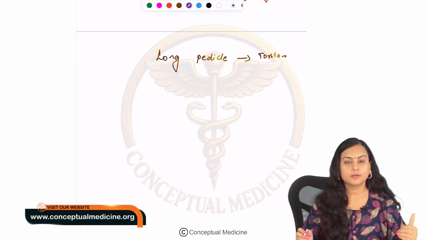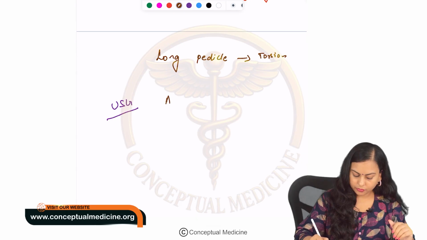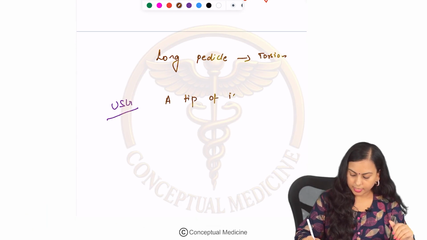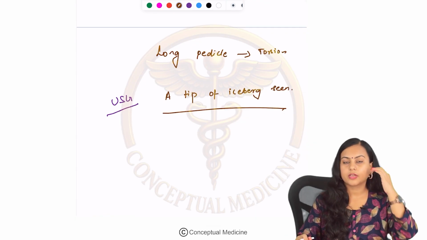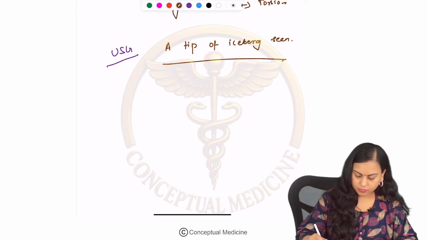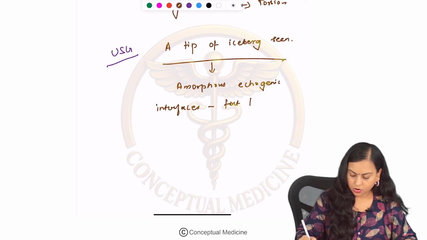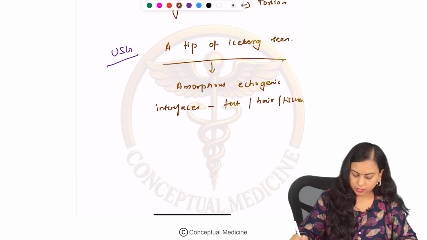While giving a clinical based question, they can just mention on ultrasonogram a tip of iceberg sign seen. Okay, then this is referring to the dermoid cyst only. Okay, you have to know. So this is formed by amorphous echogenic interfaces in fat or hair and tissues, right?